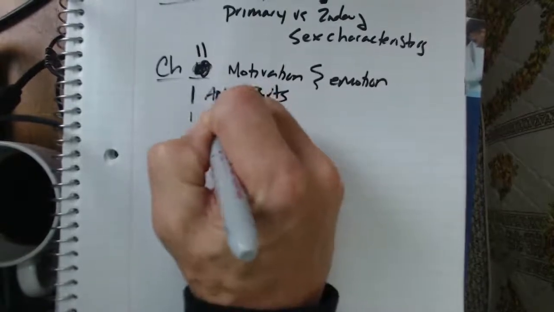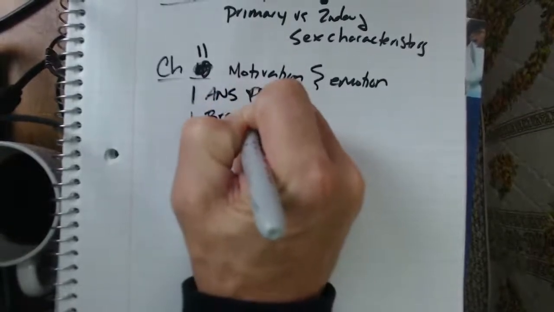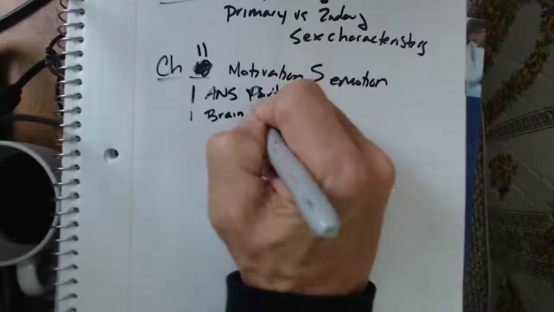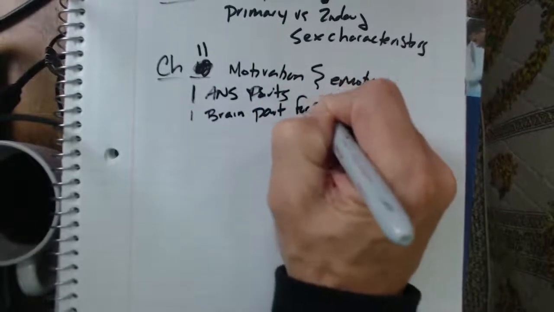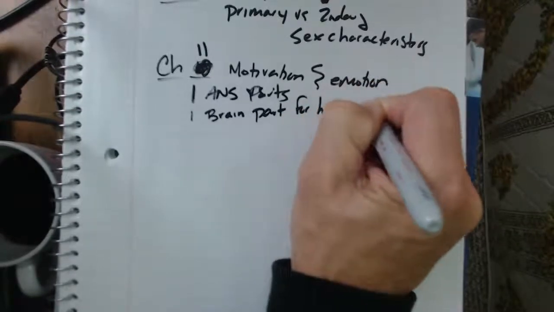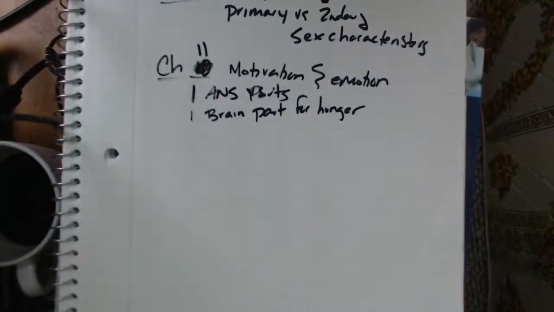1 on brain part for hunger, right? There has, let's see, health and well-being. Where's motivation?